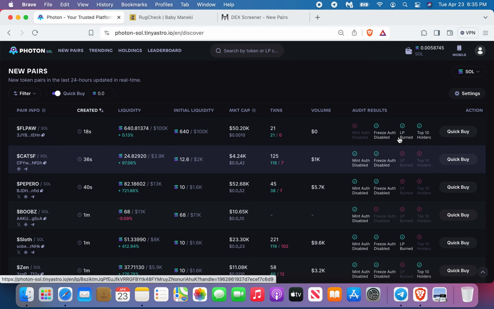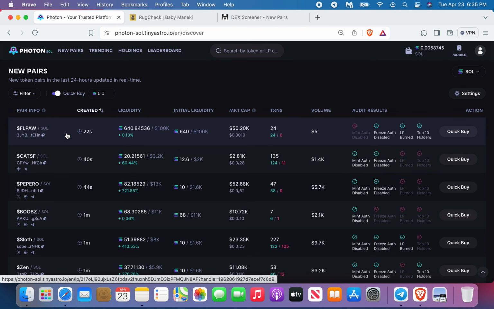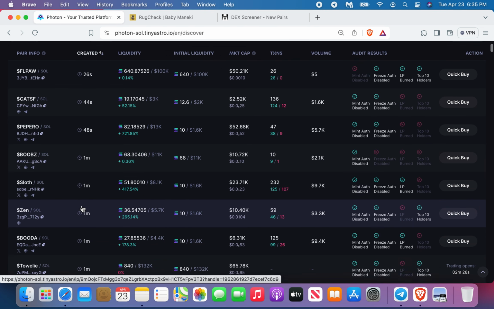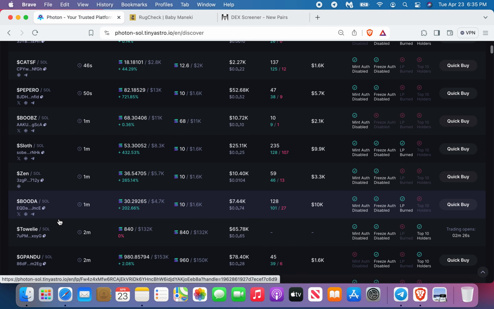All right, so this one has 3 out of 4 mint. Mint's not disabled, which is a big thing. Zen. So this one, Buddha, has, like I said, this is important too, but having these three is already a good sign.